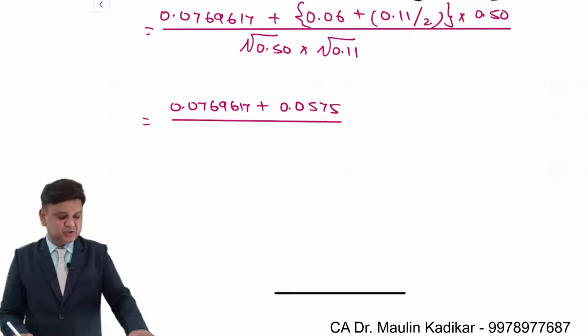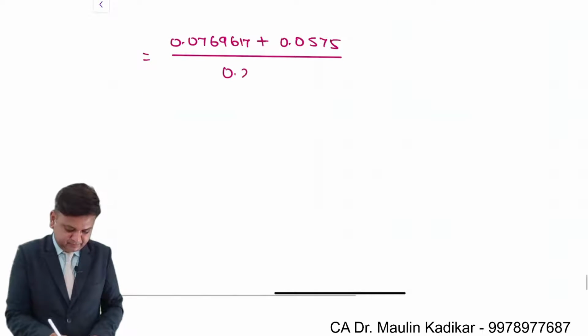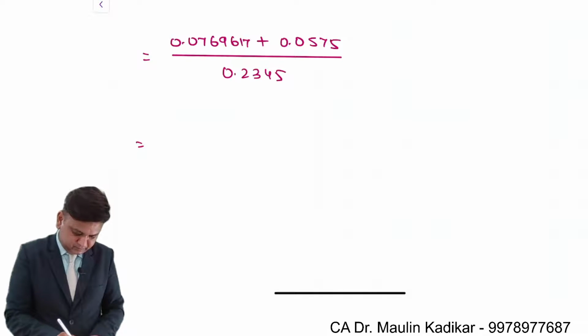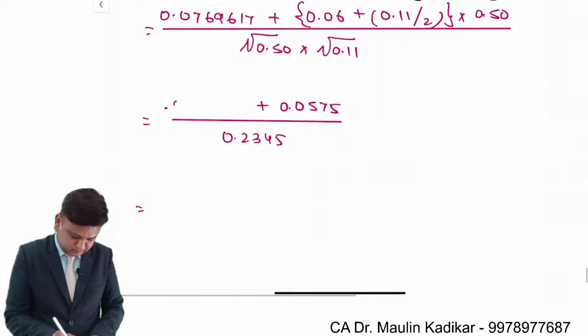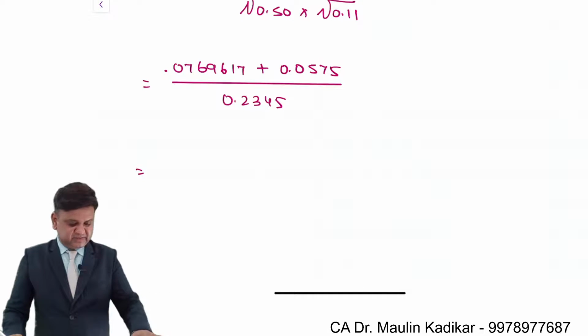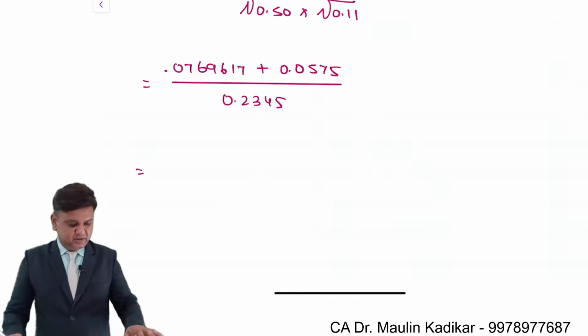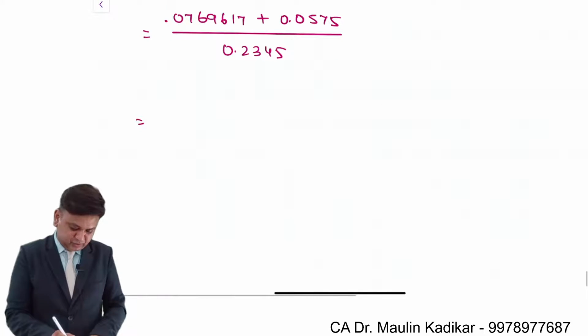We'll multiply both of them, and it is 0.2345. So 0.0769617 plus 0.0575 divided by 0.2345, so 0.5734.